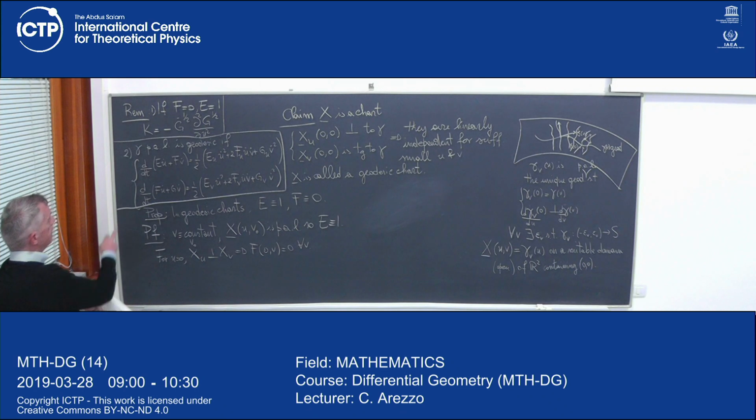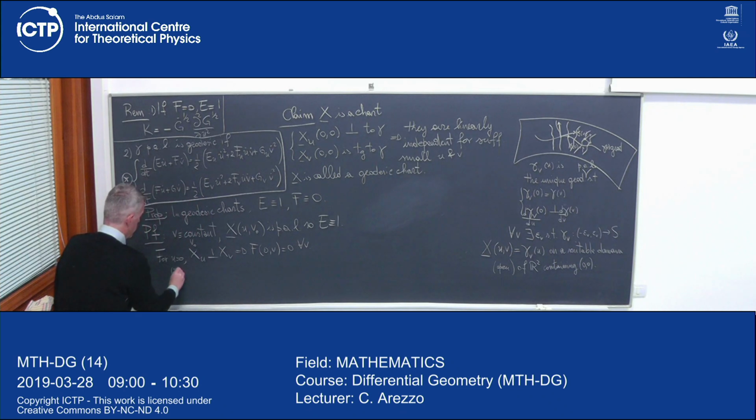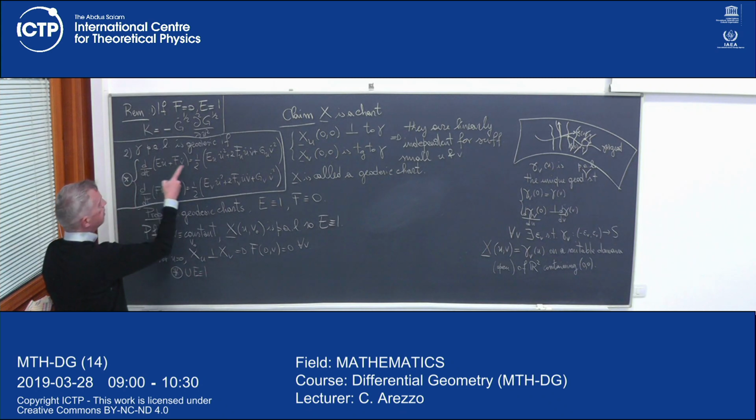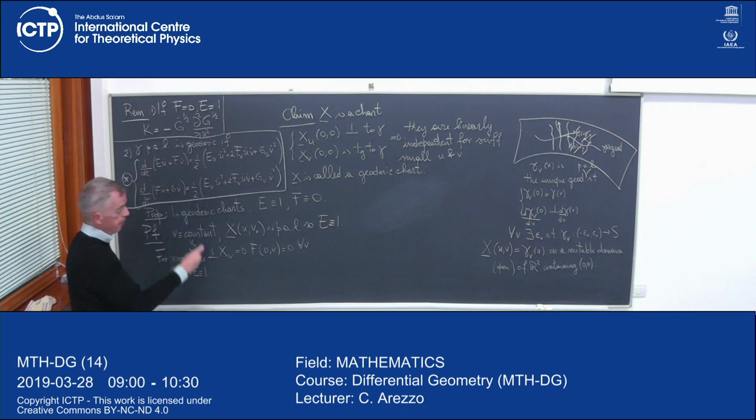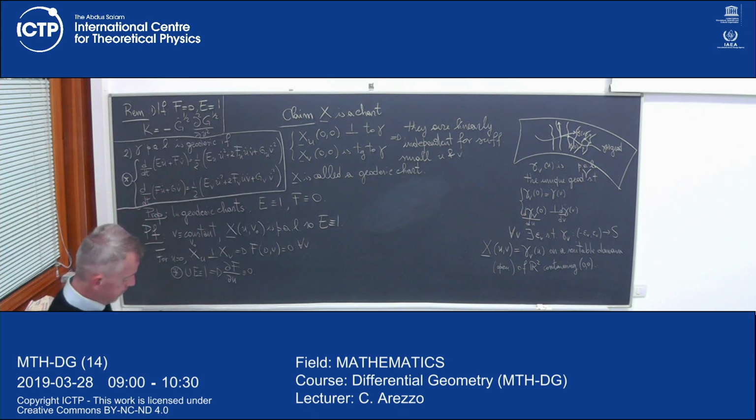So now my claim is that the geodesic system implies also, if I put E is equal to 1 here, of course many terms disappear, but this implies that actually the F du is equal to 0 along the geodesic.